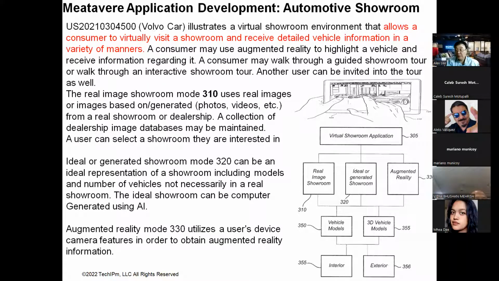So this kind of showroom in the virtual space has nothing to do with the physical space, and it can give you a lot of freedom. Or you can build an actual showroom and add augmented reality to give a more enhanced experience through the overlay of the virtual space.